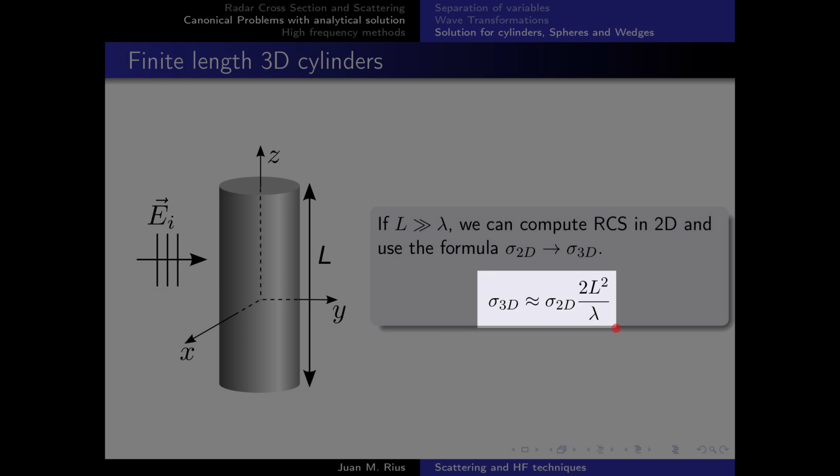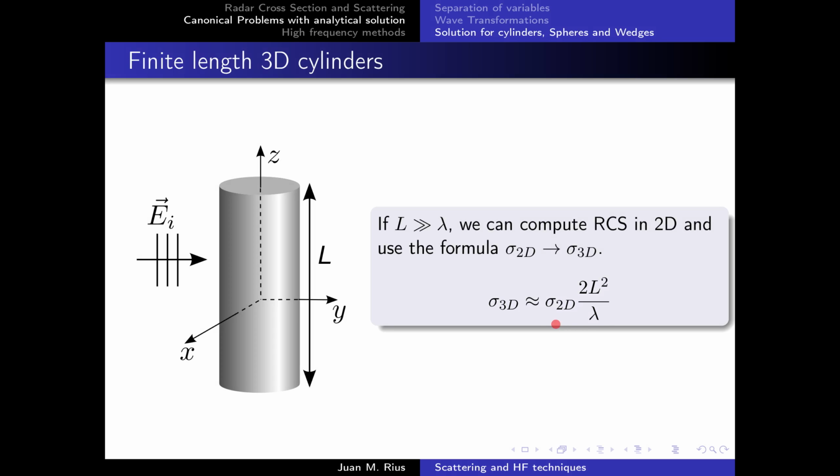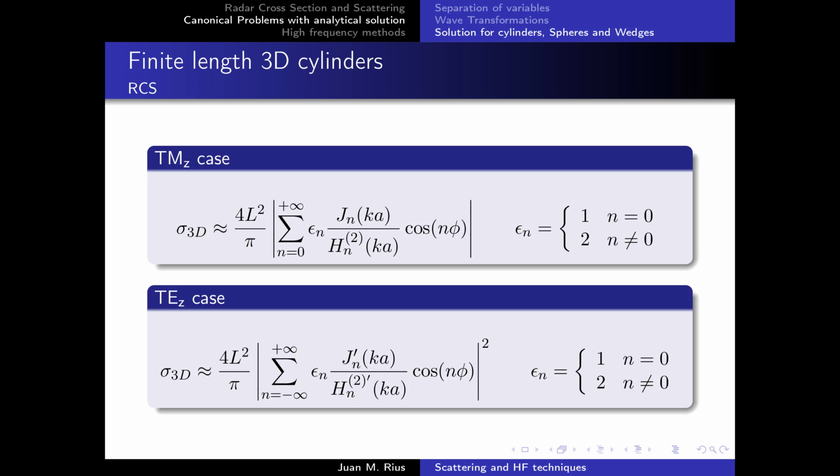Then we have this formula for the radar cross section in 3D: the two-dimensional radar cross section for the infinite circular cylinder times 2L squared over lambda gives us the three-dimensional RCS. And this is the formula that we obtain in the general case for the three-dimensional RCS.